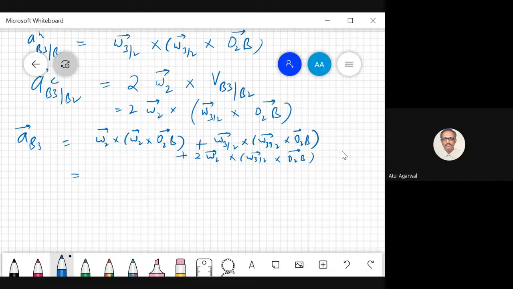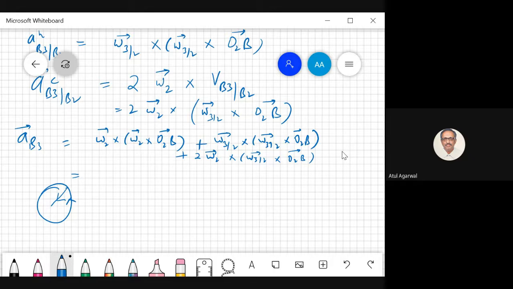Now one thing you will see. What is the direction of all these terms? Is it towards the center? All these terms. Look, all these values are going around in a circle. What is the centripetal acceleration? Omega cross omega cross R. Yes, sir.